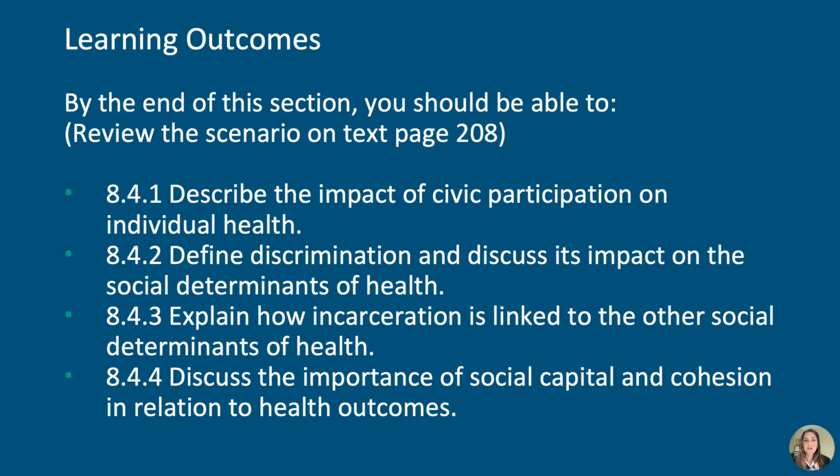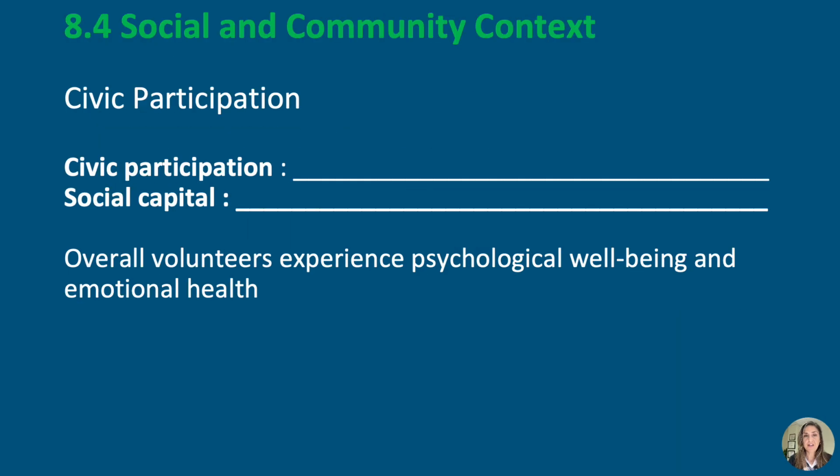So this next part, we're going to talk about civic participation, discrimination, and social determinants of health, incarceration, and the importance of social capital, all of this, how this impacts health outcomes. So civic participation, this is a range of activities that benefit the community. Social capital, this is the value gained from having a positive interaction and connection between people working together.